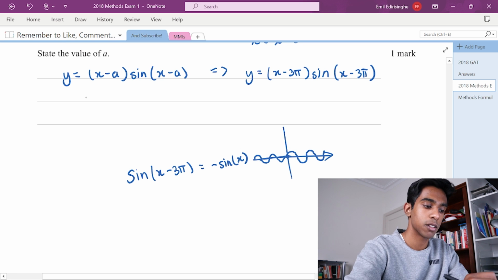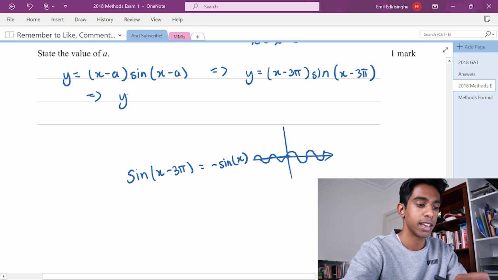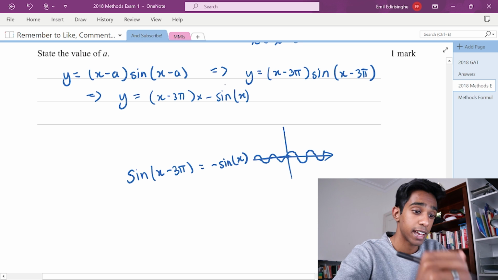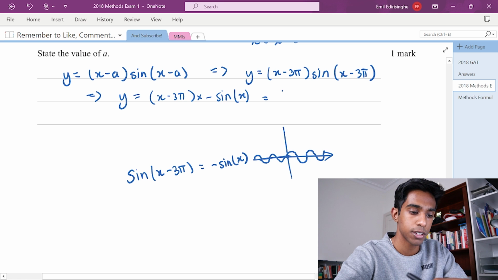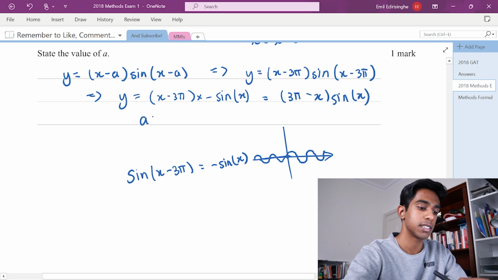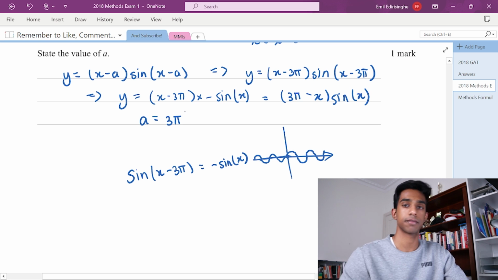And then from there, we actually get y equals x minus 3 pi times negative sine x. And that gives us the actual proper answer, which is 3 pi minus x sine x. And then that tells us that a must equal 3 pi.